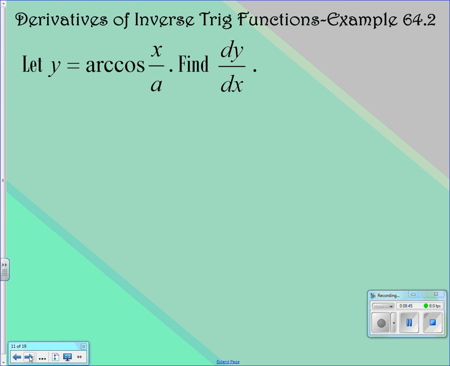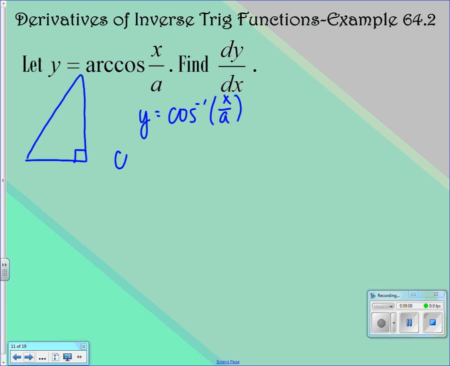Okay, looking at the next one. We're going to show how to get the derivative of arc cosine of x over a. So again, we're going to use a triangle. We're going to make a right triangle here. And we need to make y equals cosine inverse of x over a so that it's a cosine.